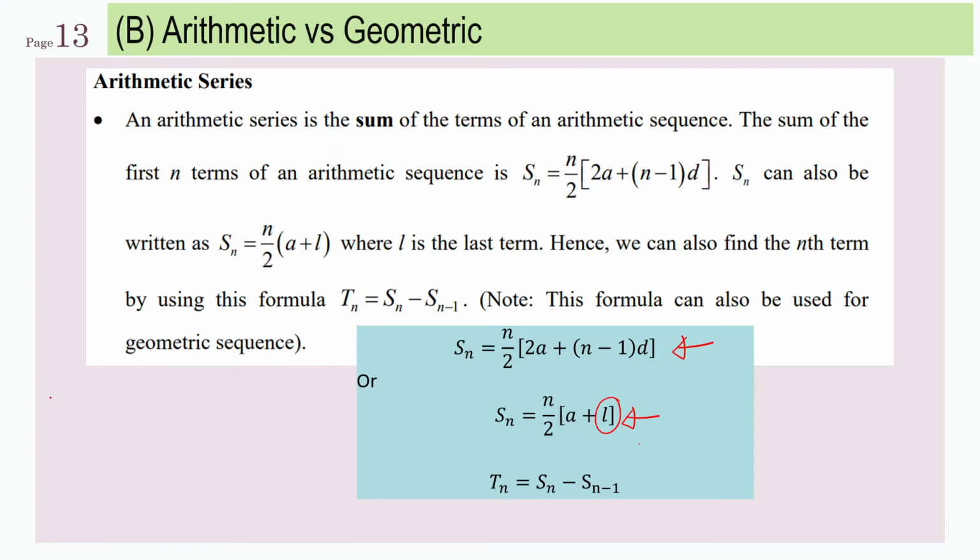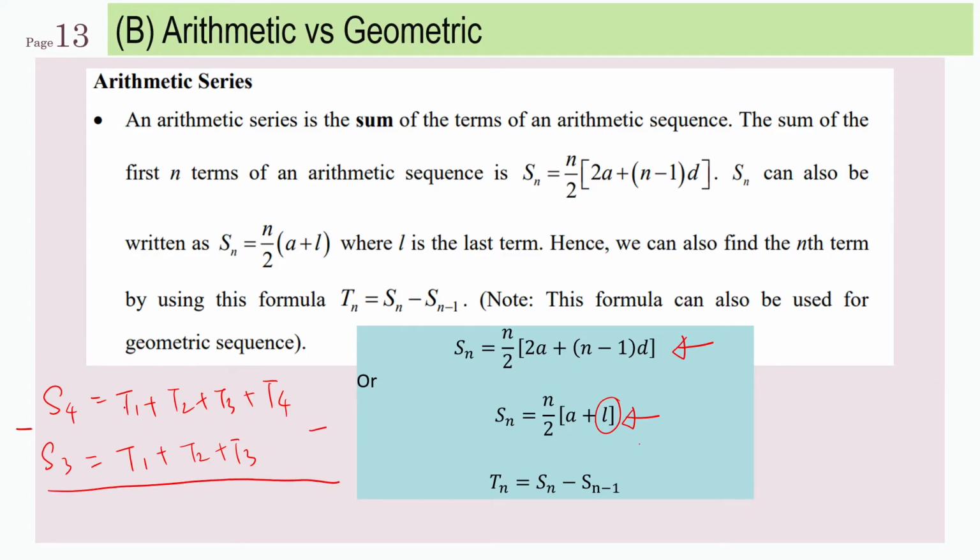Let's say I have S4, which is T1 plus T2 plus T3 plus T4, and S3 is T1 plus T2 plus T3. If I subtract these two, T1 minus T1 is gone, T2 minus T2 gone, T3 minus T3 gone, and I have T4, which is S4 minus S3.